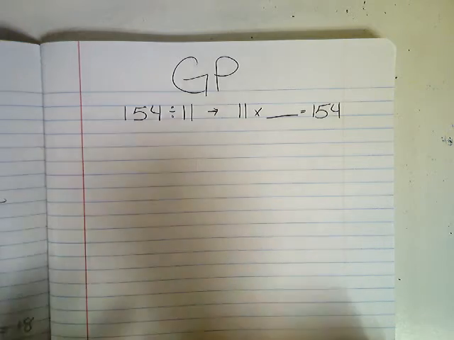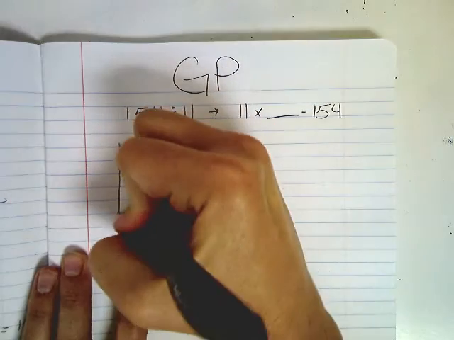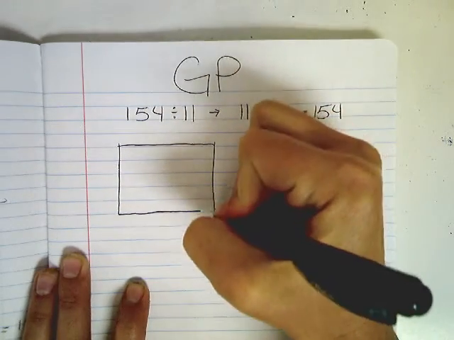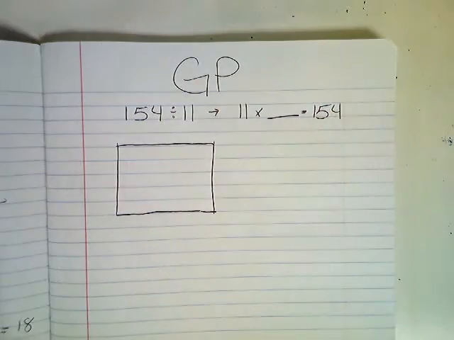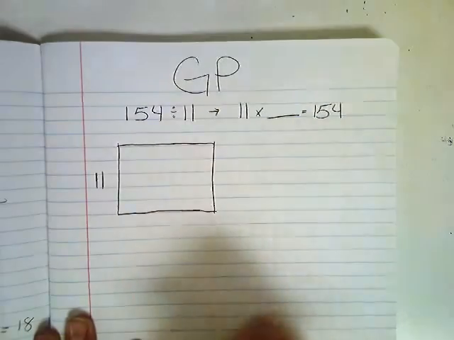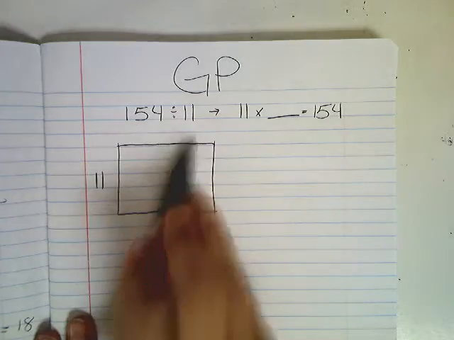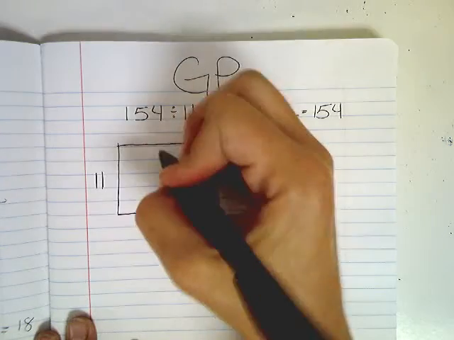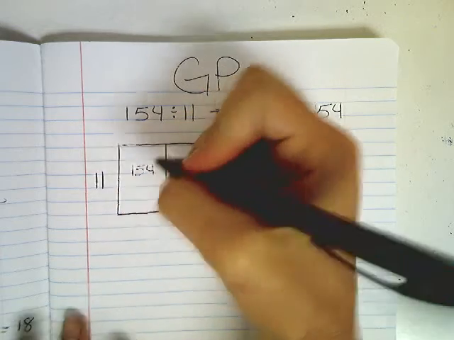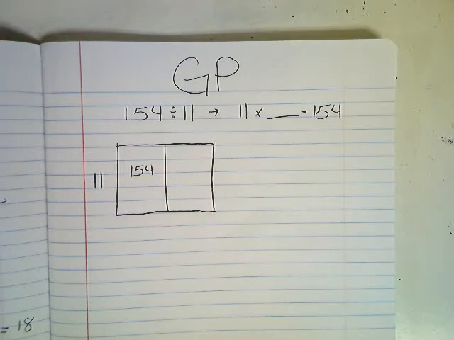Let's draw our model. Draw your box. And we know this side, 11 times something is going to give us 154.